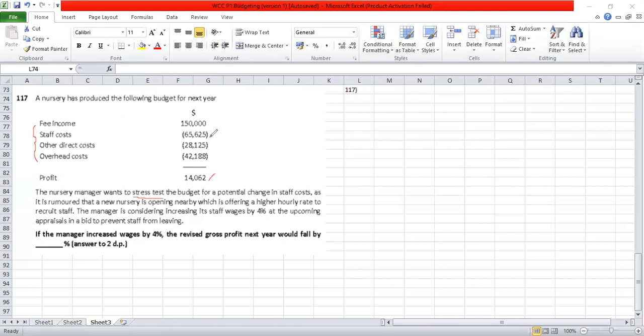So this amount will increase by 4% at the upcoming appraisal in a bid to prevent staff from leaving. If the manager increased wages by 4%, the revised profit next year would fall by. Simple. Only one variable is changing, which is staff cost. Make the changes to the staff cost, increase it by 4%, and see what impact it has on profit.